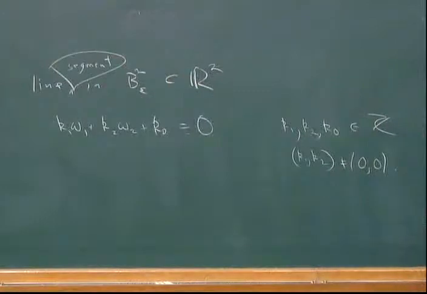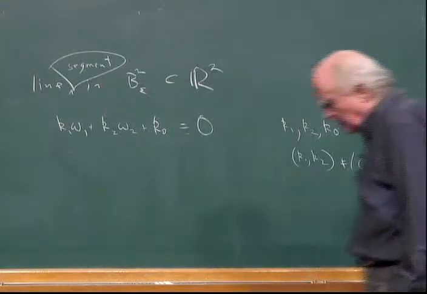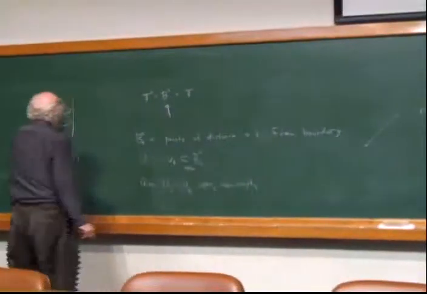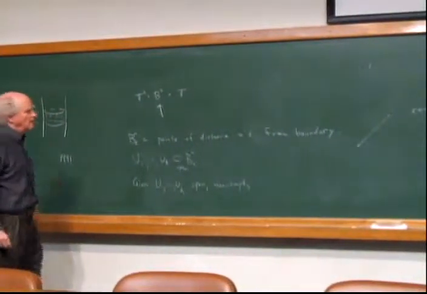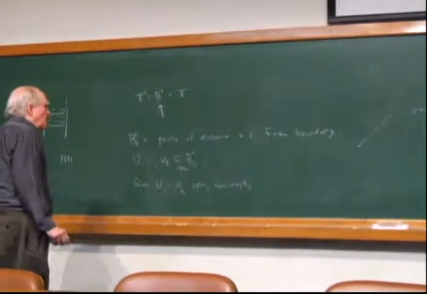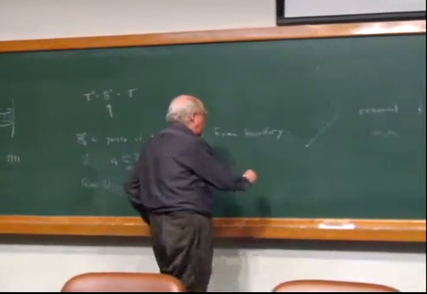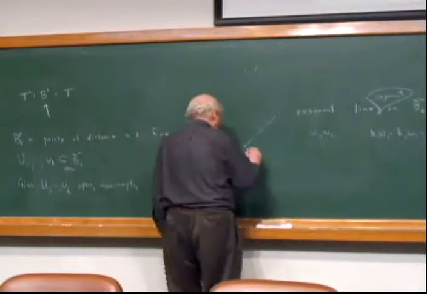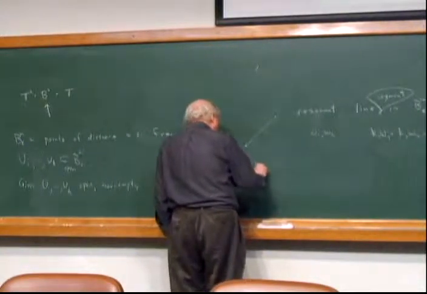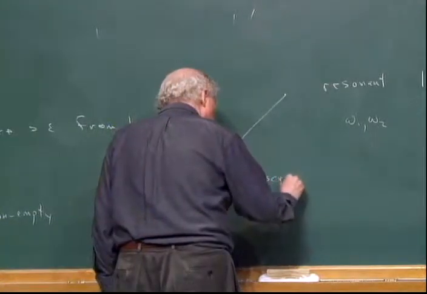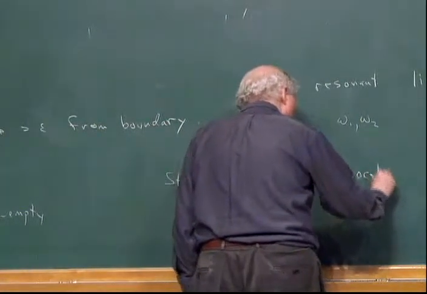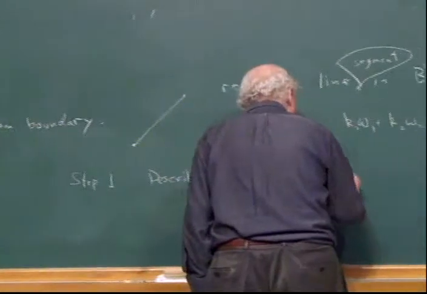And now, basically, I use the same strategy that I used in this case. There are 2 steps in the strategy. Step one is to describe the location of the Aubry sets.